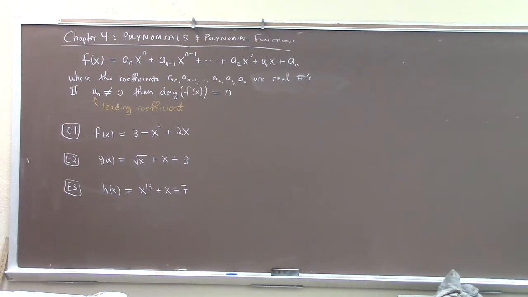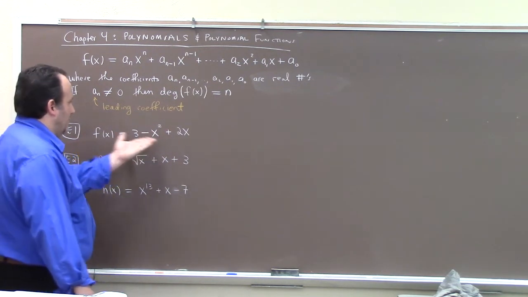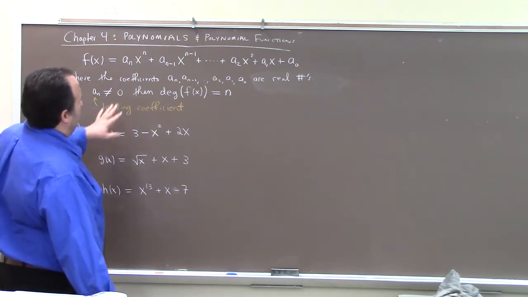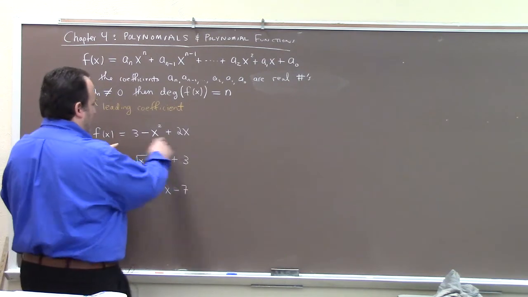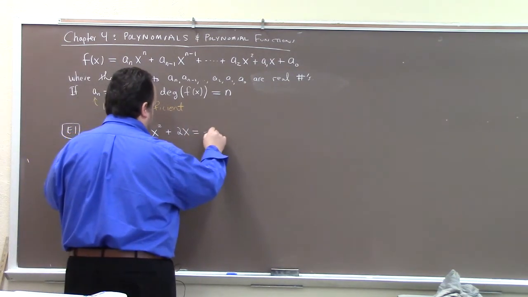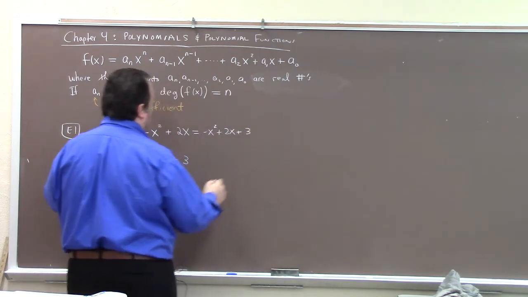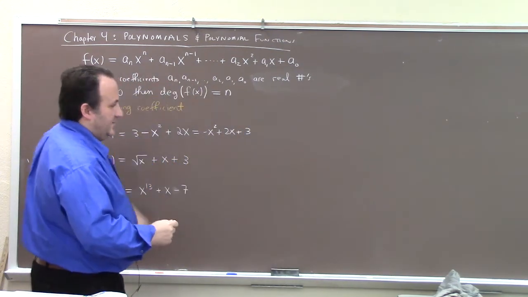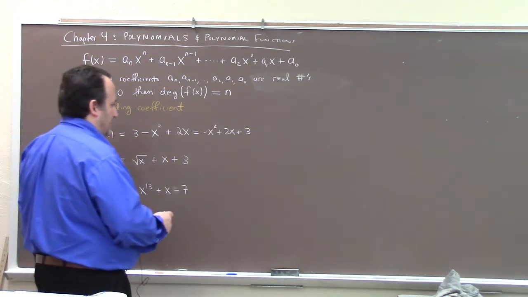Example 1, is it a polynomial? Well, remember, one of the things we have to keep in mind is we can reorder the terms, right? This is equal to minus x squared plus 2x plus 3. Then it has the same pattern. And now you can see the leading coefficient here is from the x squared.